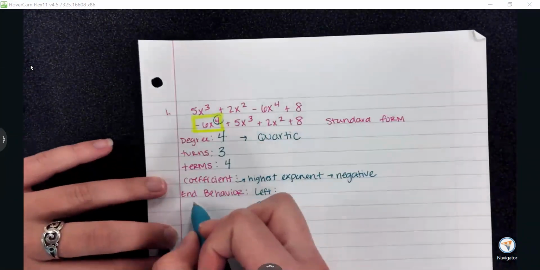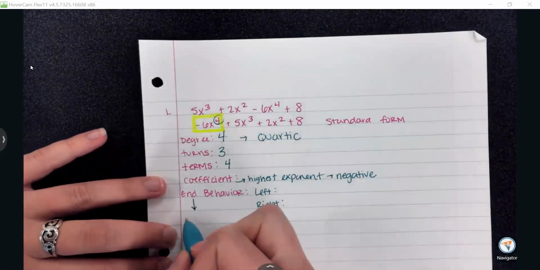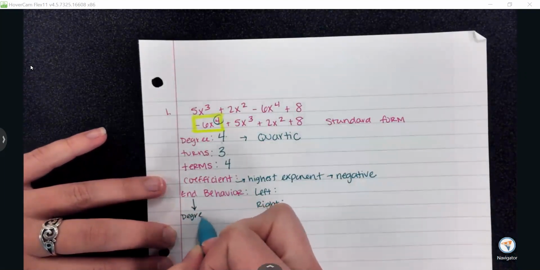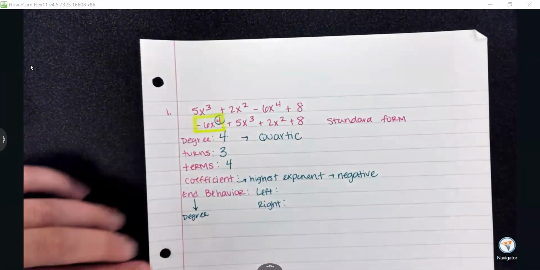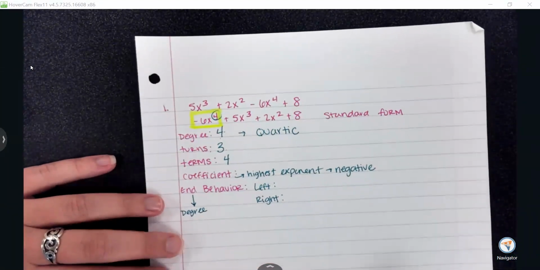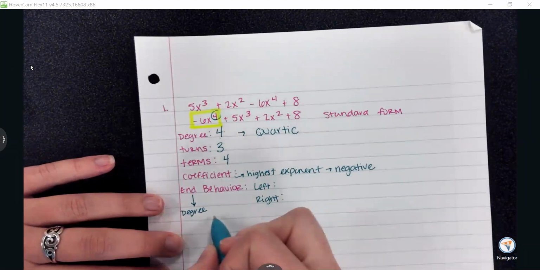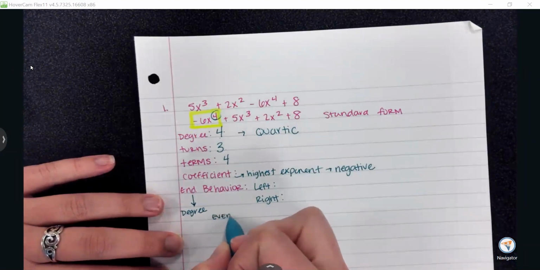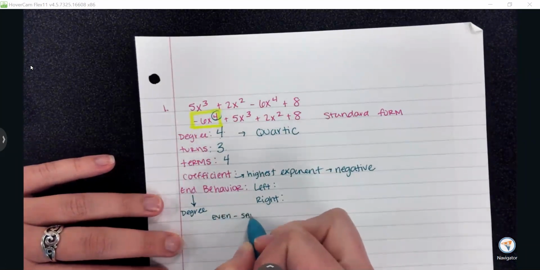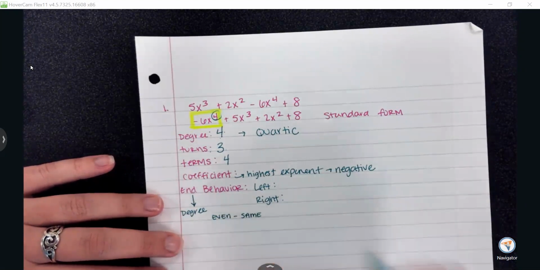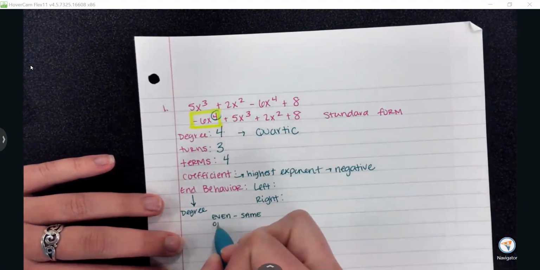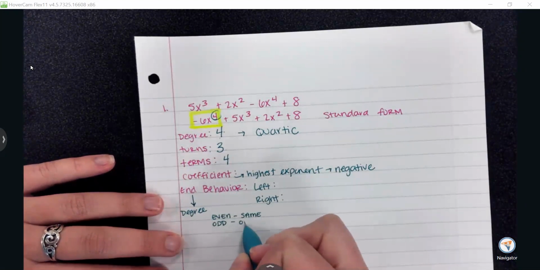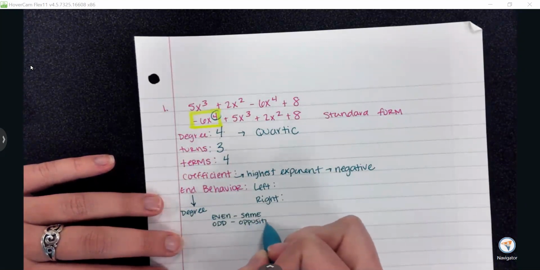So my end behavior comes from my degree. And I care if my degree is even or odd. If my degree is even, then my end behaviors are the same, meaning they have to have the same arrows. If my degree is odd, then they are opposite arrows.